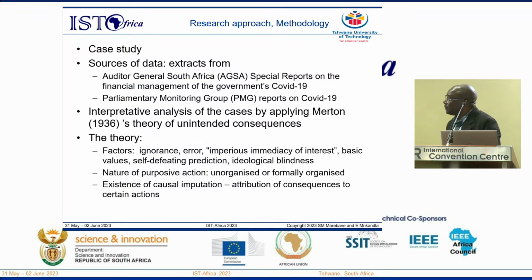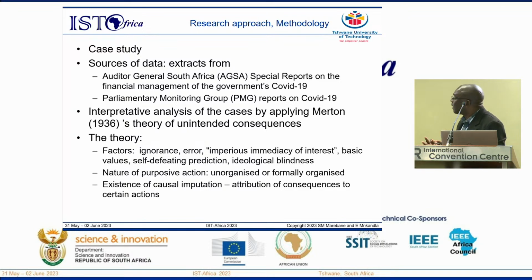As I indicated earlier, it's a case study. We have extracted our data from the Auditor General's reports, which are augmented by the reports from the Parliamentary Monitoring Group. We are interpreting what is in there by using this theory. And when you use this theory, it requires that you look at the factors, which can be the actions that led to the problems, whether it can be ignorance, it can be ideological blindness.